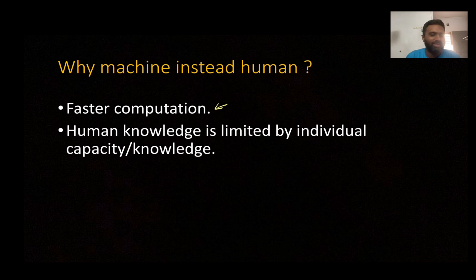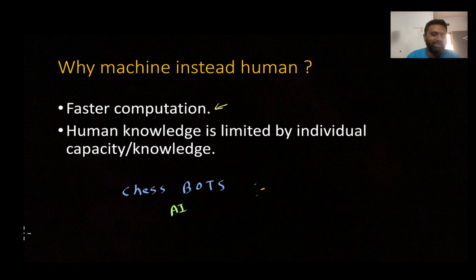There are certain scenarios also. There are certain chess bots. These are basically AI bots, chess AI bots. There are certain competitions held, chess competitions between these bots and the champion player.